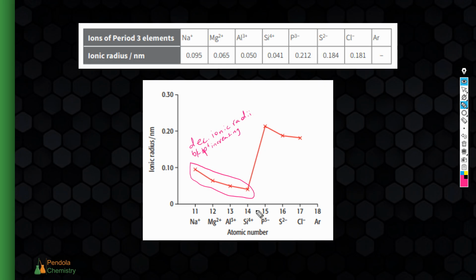So we have an increase in the number of protons, same energy level, and so the ionic radius is going to decrease as we go.